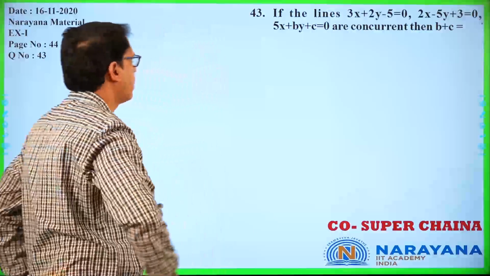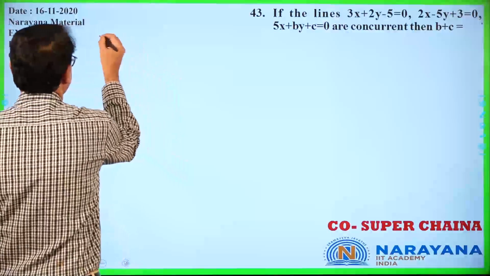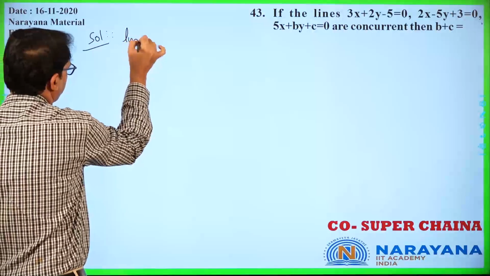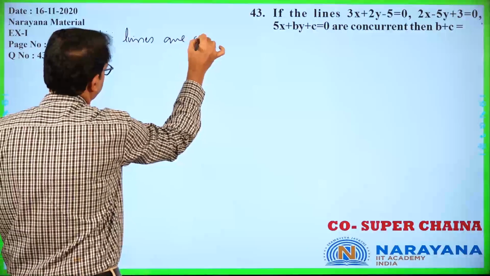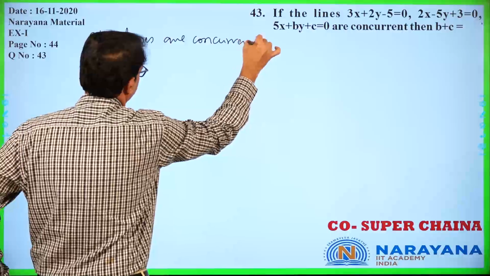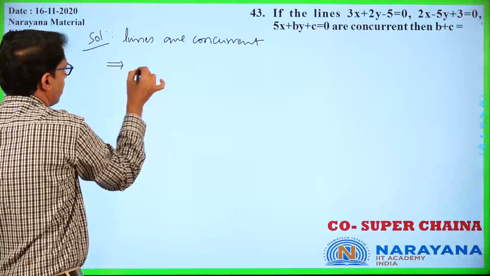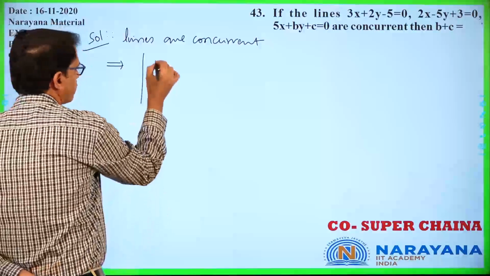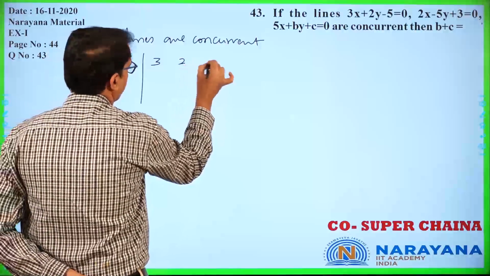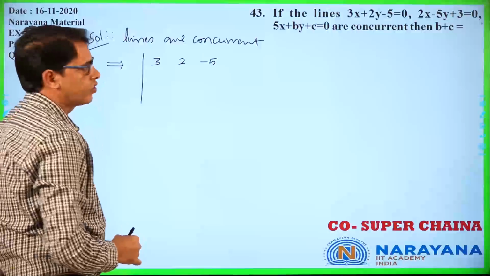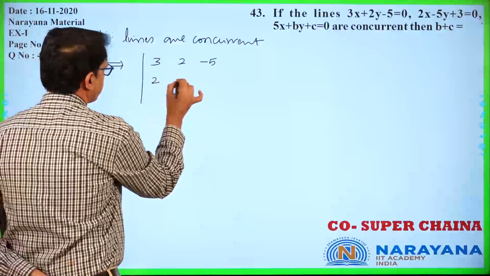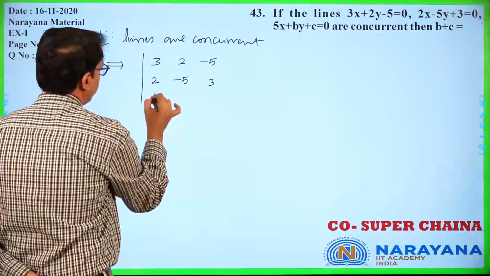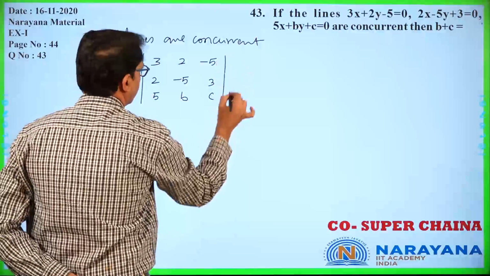So given lines are concurrent, therefore I am applying the condition of the determinant. From the first line, the values are 3, 2, minus 5. From the second line, 2, minus 5, 3. From the third line, 5, b, c equals 0.